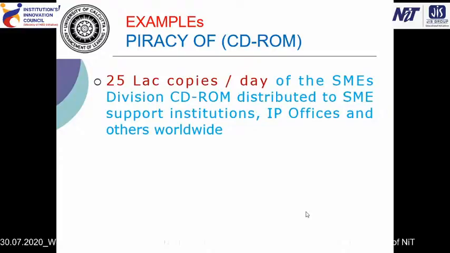Can you imagine? Small and medium entrepreneurs have more than 25 lakh copies. So the creator has no chance to sell their intellectual property, and they are destroyed, their costs reducing day by day. Okay, next.